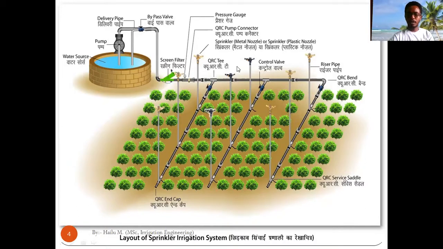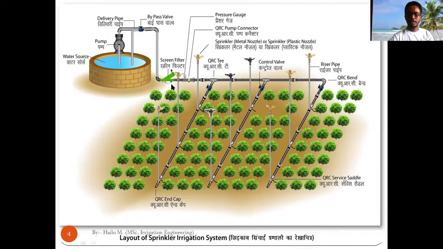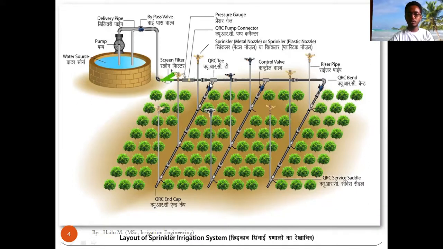Then we have main lines, sub-main lines, and laterals. Then we have sprinklers. So in this irrigation technique, the water which is uplifted from the source by using a pump will enter into the main lines, then into the sub-main lines.